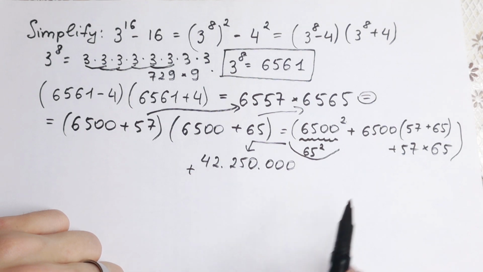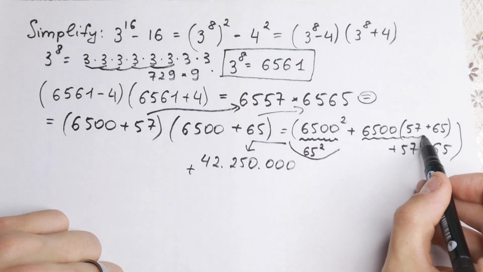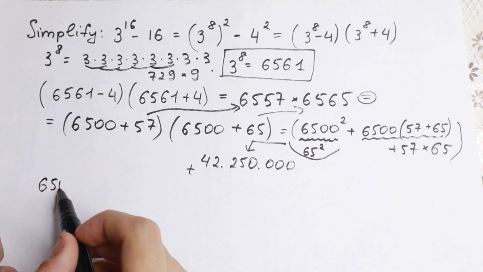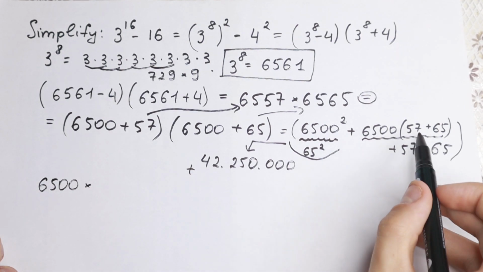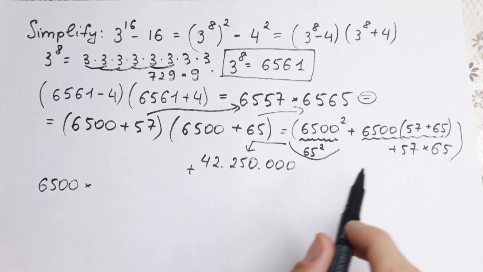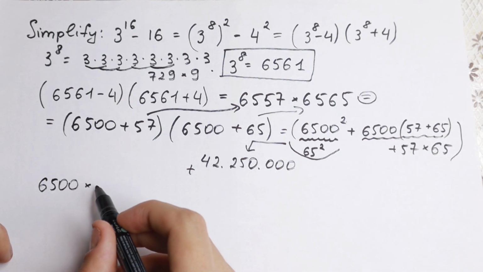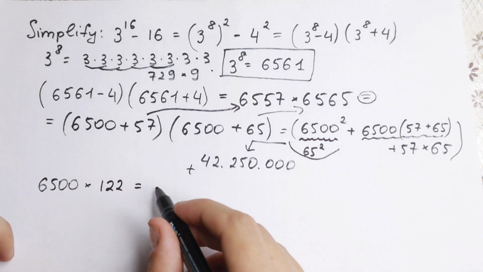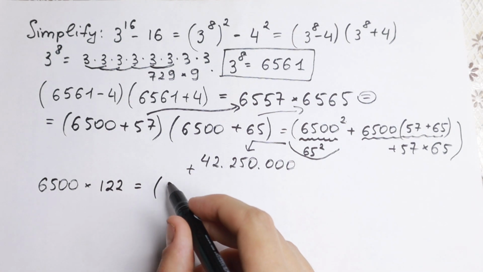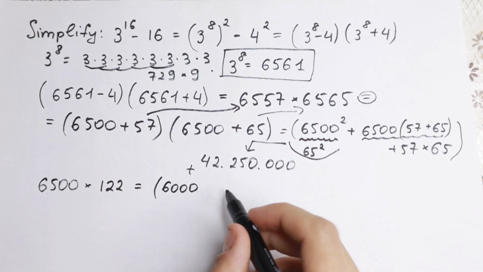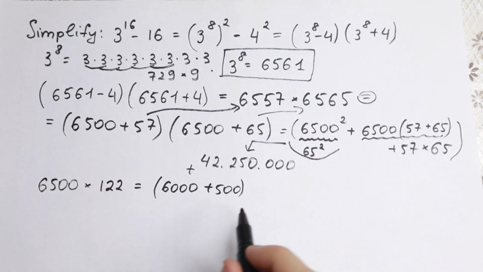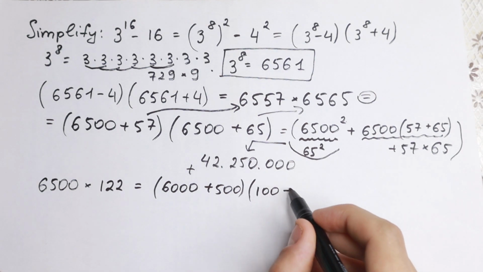We need to add to this element this one. Let's work with this one on the left hand side. We have 6,500 and we need to multiply it by 57 plus 65. It will be equal to 122. Okay, how can we multiply it? Let's write 6,500 as 6,000 plus 500, and the second element, 122, as 100 plus 22.